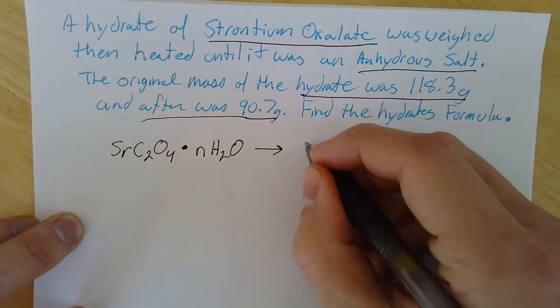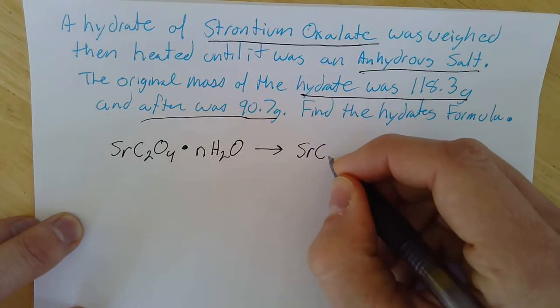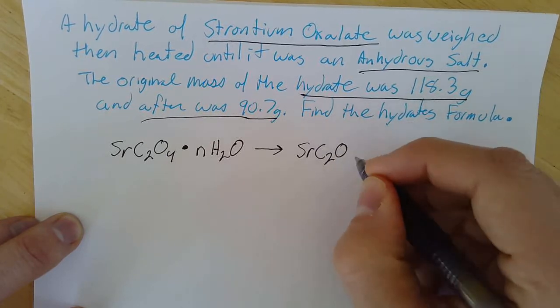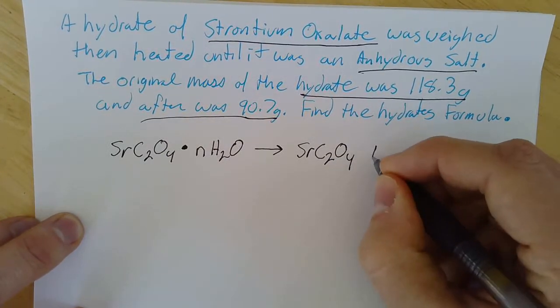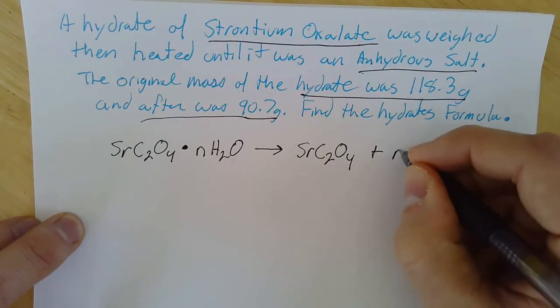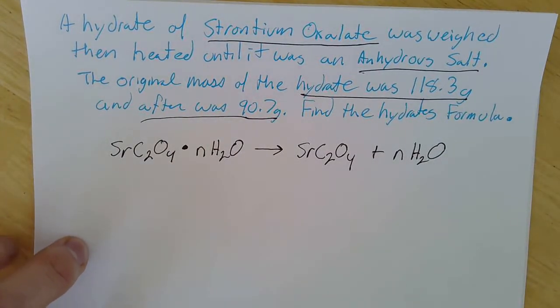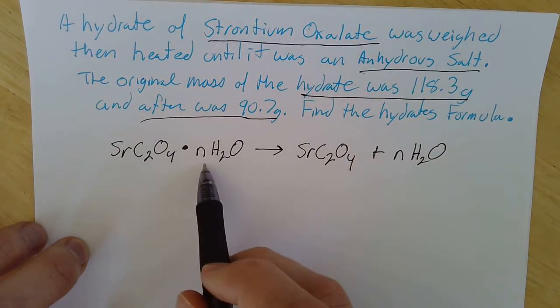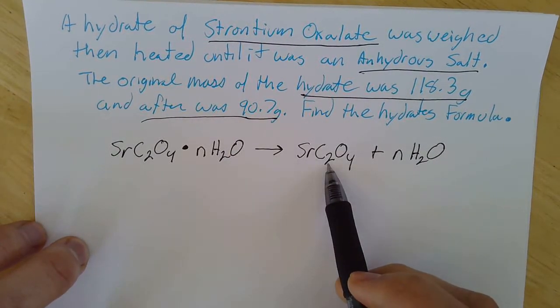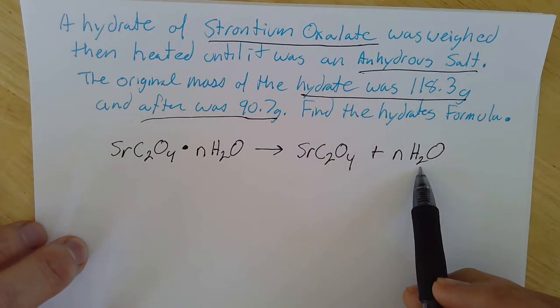And so we end up with SrC2O4 · nH2O. And you're thinking, okay, side to side, that doesn't look a lot different. But what it does is it gives us the hydrate here, and it gives us the anhydrate here, plus the amount of water that we're looking at.